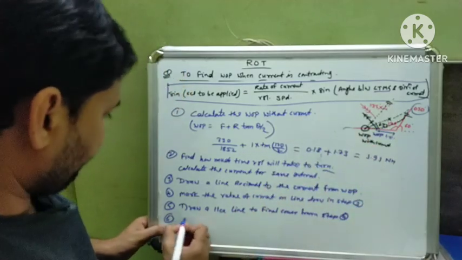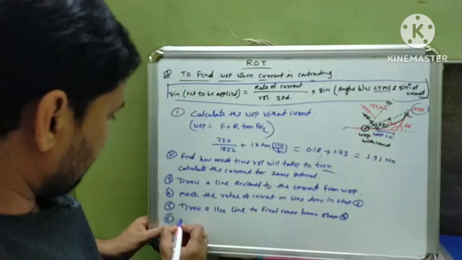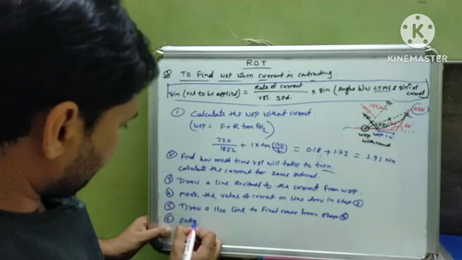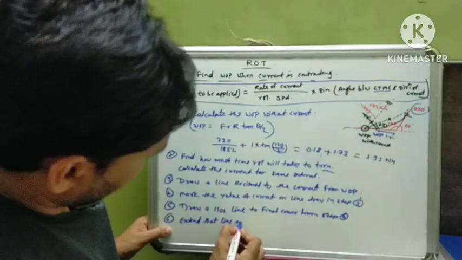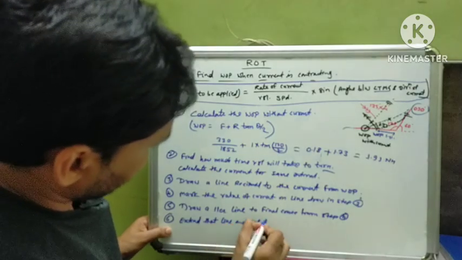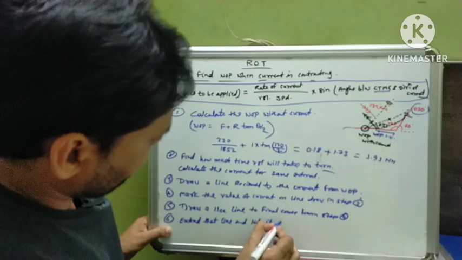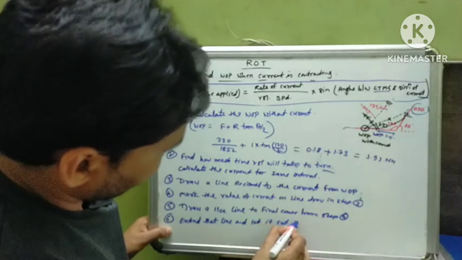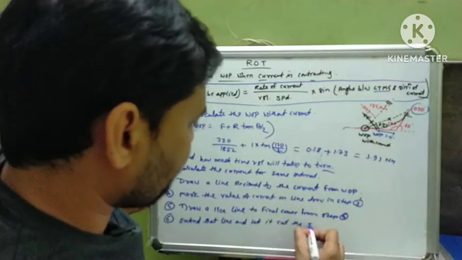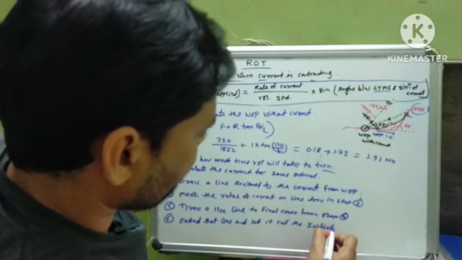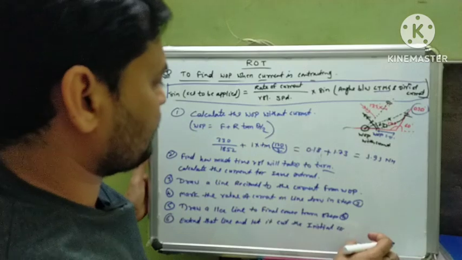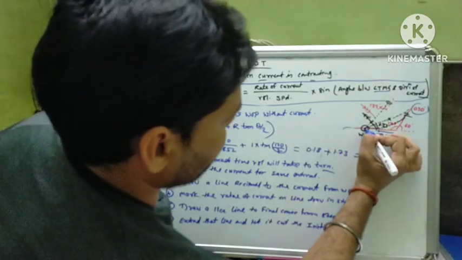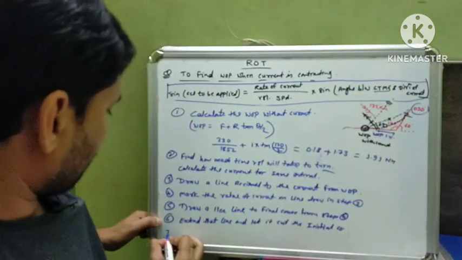And then the sixth one is extend that line and let it cut the initial course, means let it cut this initial course, this one.